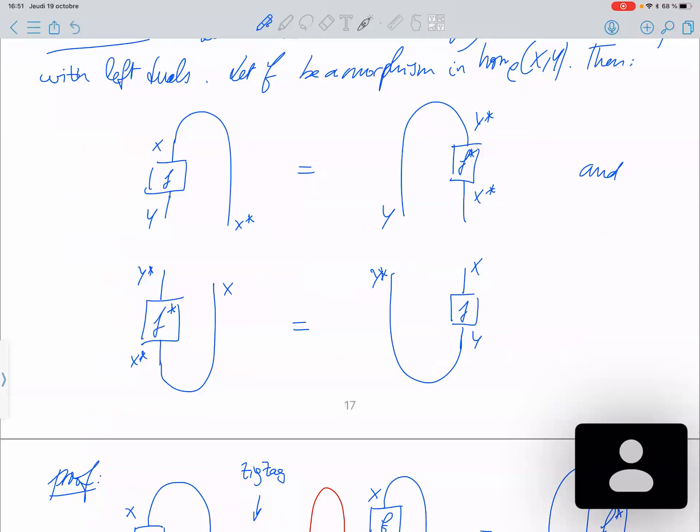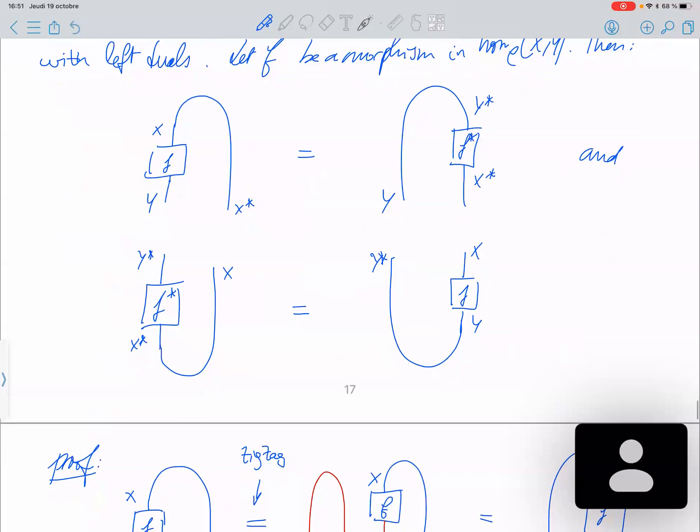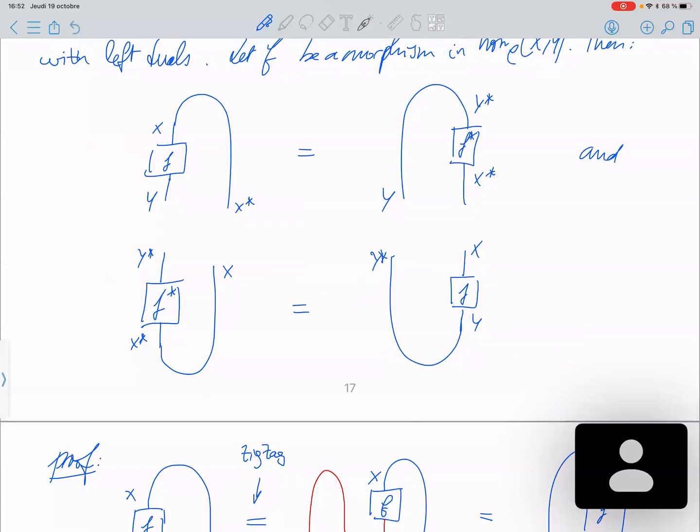Wait. So what we want here, F star. If you apply what we did here, we have A_X inverse star.